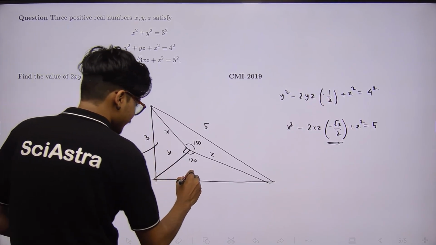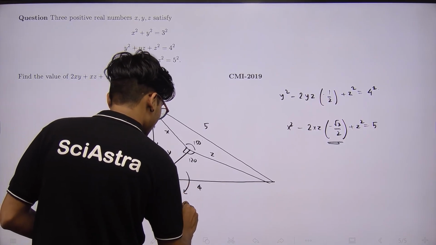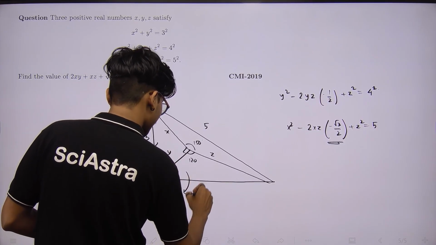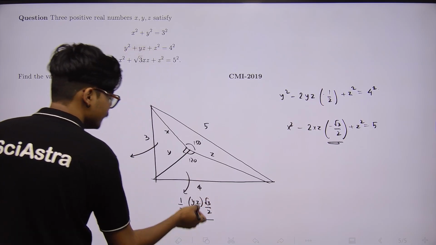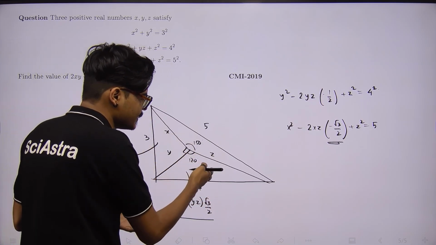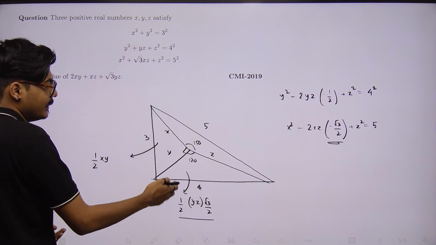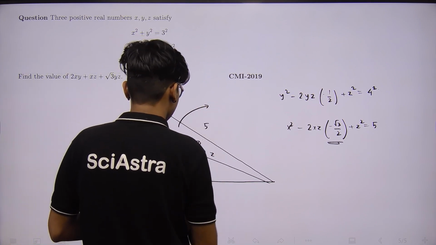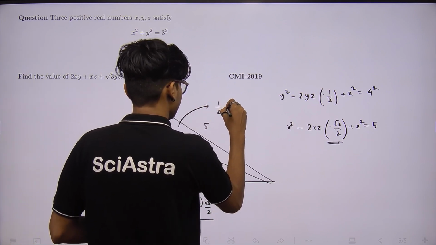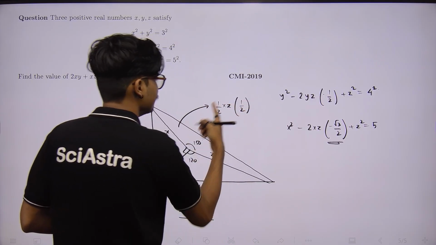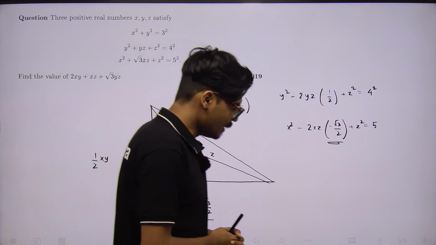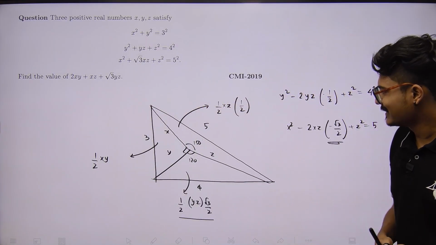But in this triangle, the area is going to be half times yz times root 3 by 2, right? Half the product of the sides times the sine of the angle in between them, right? And similarly for this triangle, the area is going to be half xz times half, because sine of 150 gives you half, right?